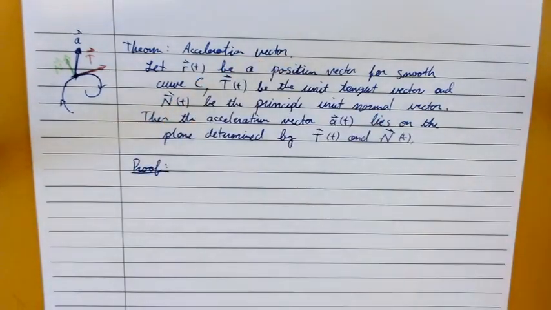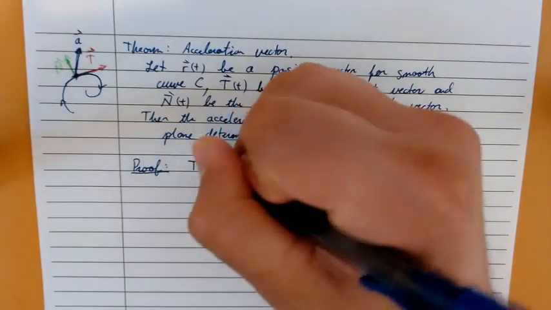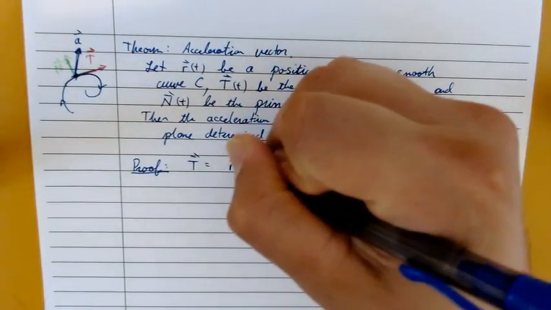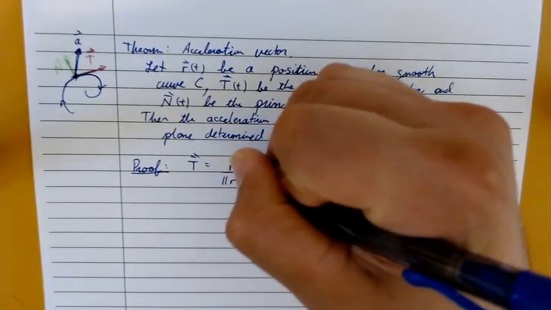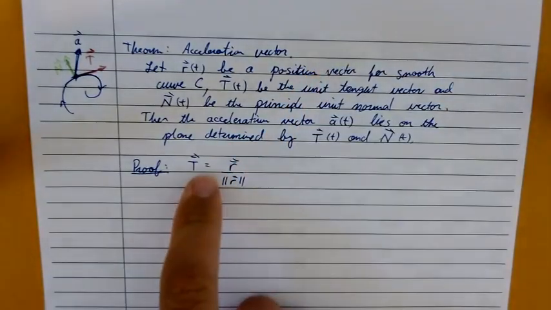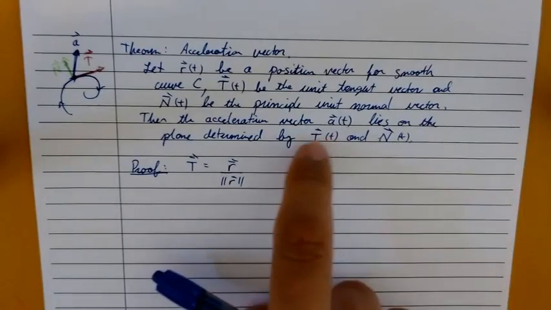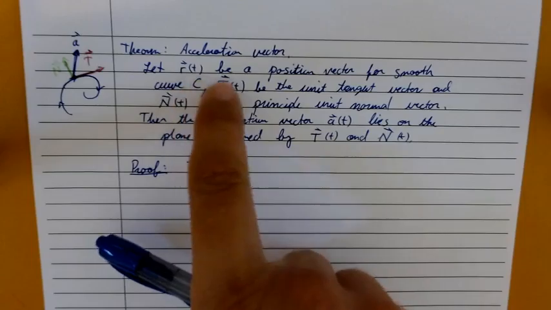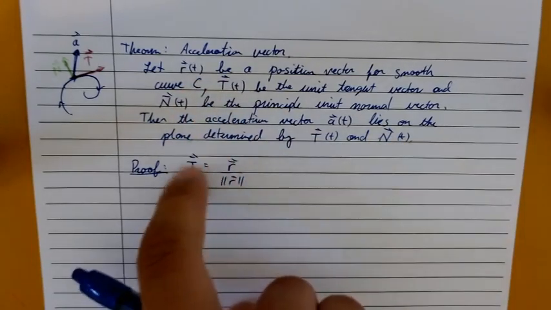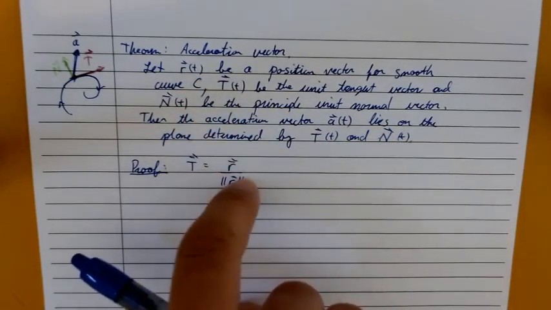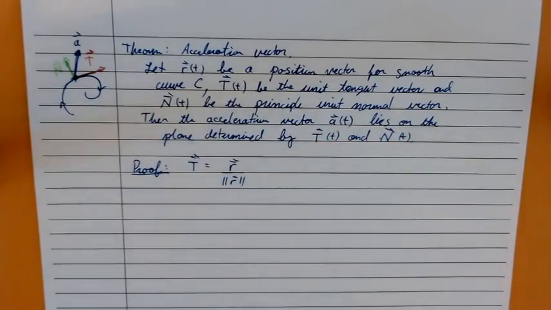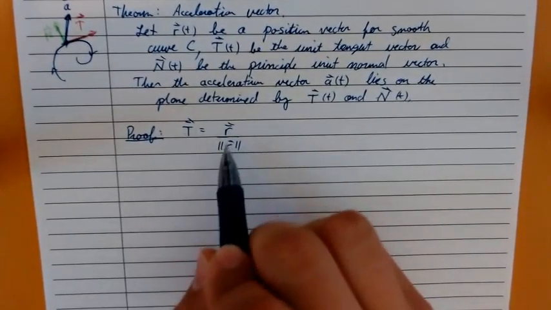Proof. We know that T is defined as r prime divided by the magnitude of r prime. Here, for the sake of simplicity, I'm going to leave off the arguments. I'm going to leave off r of t, T of t. All of these are, of course, with respect to the same variable. So for the sake of simplicity of writing out the argument, I'm going to leave off the arguments of these vector-valued functions.